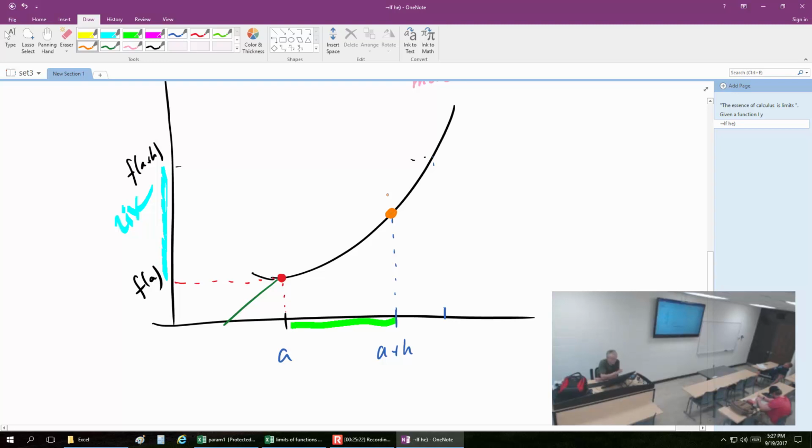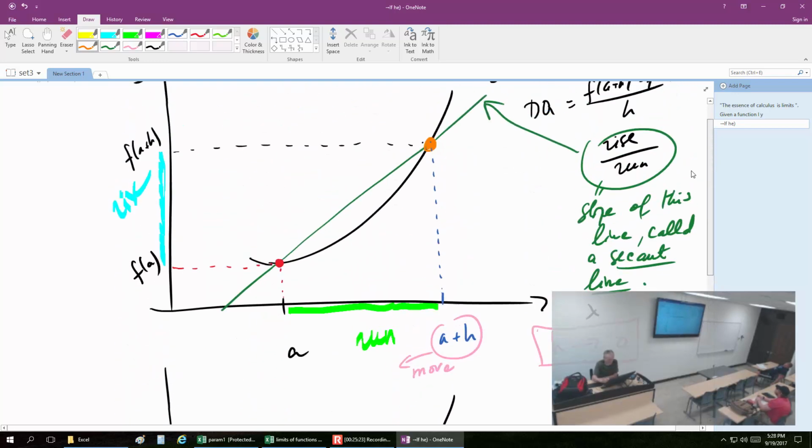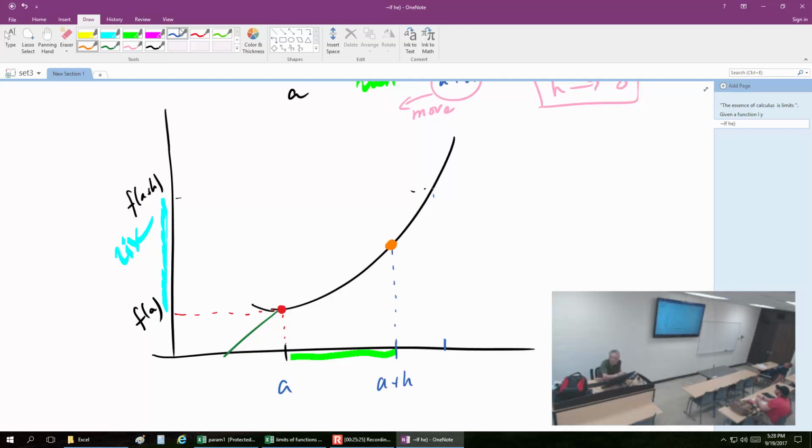On the left, nothing has changed. This is the picture. In the meantime, this becomes my f of a. The rise changes too, so my rise is this, and this is f of a plus h now. Let me erase this too.